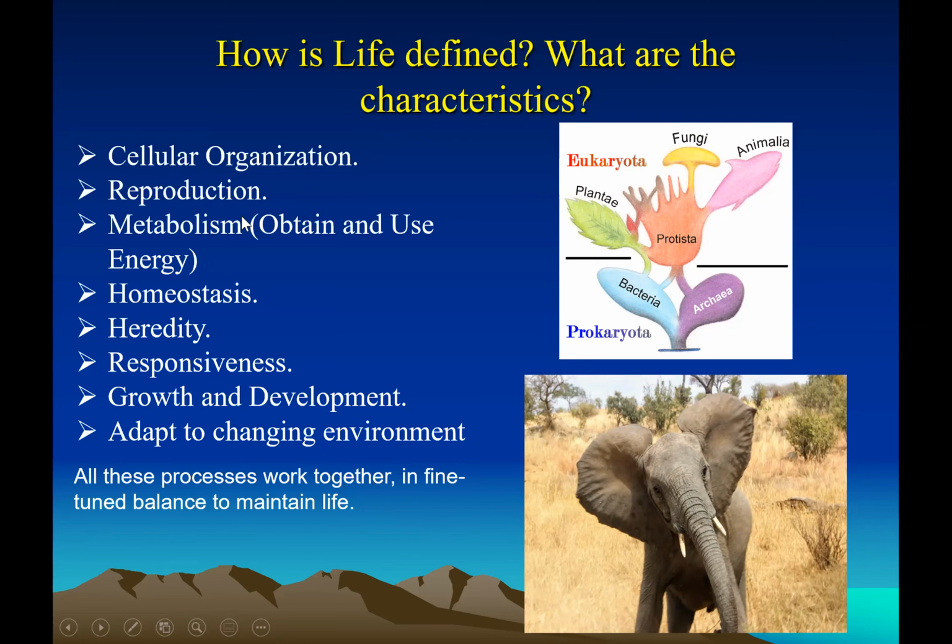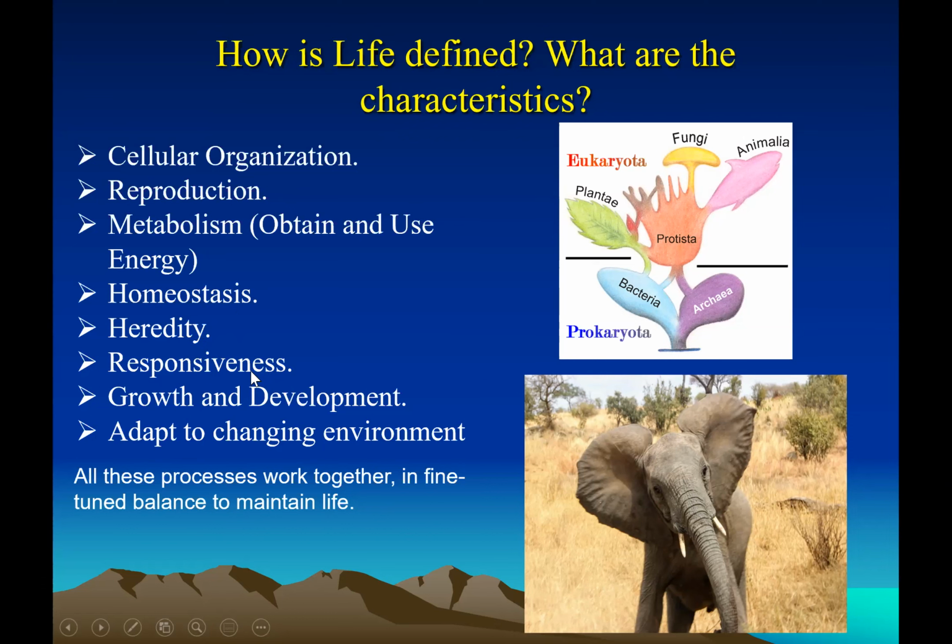All living organisms will maintain a stable internal environment, constant environment. It's called homeostasis. All living organisms have hereditary material in the form of nucleic acids, DNA, that is passed on to the offsprings.